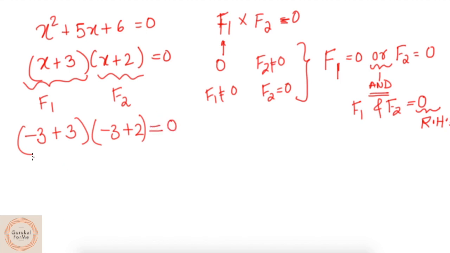Did you see that factor 1 turns out to be 0? Yes. But is factor 2 0? The answer is no. But is the product of both of them equal to 0? Yes. If the product has to be equal to 0, at least one of them has to be 0. But when you write an AND, you will have to find a value of x where, when you put it in, both the factors are equal to 0.